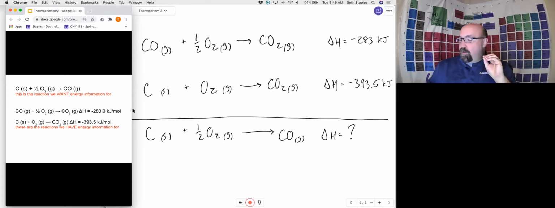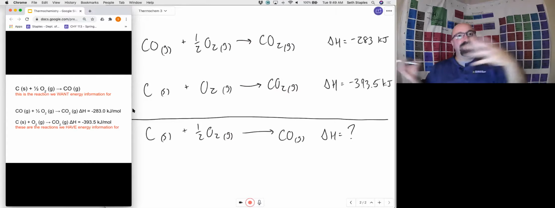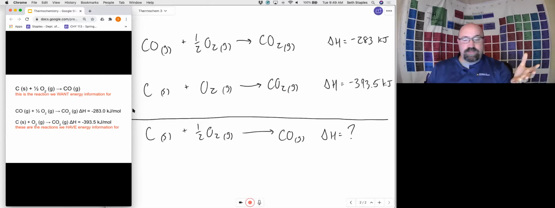For instance, we see quickly that CO2 appears up here in our given equations, but CO2 is nowhere in our target equation. So as we manipulate these two equations, we need to manipulate them in such a way that carbon dioxide is on the reactant side of one and on the product side of another, so that they effectively cancel each other out.